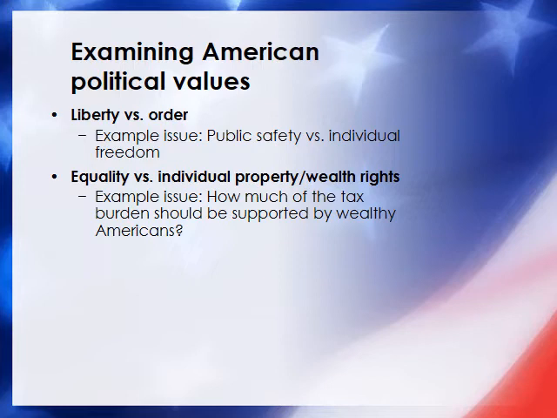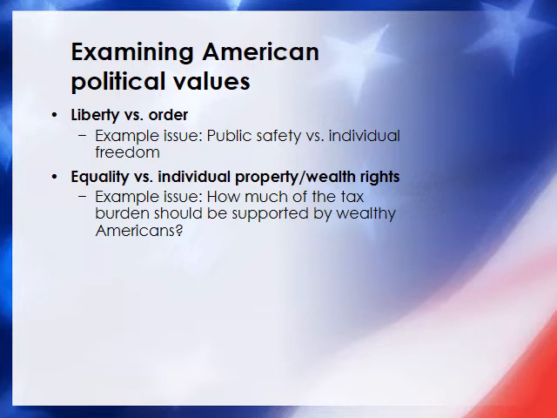We also have the American value of equality before the law, equal opportunities, and yet we also have property rights. And this is another tension that we see in our system. How much of the tax burden should be supported by wealthy Americans, for example? How much of an individual's wealth should they be able to leave to their children without taxation?